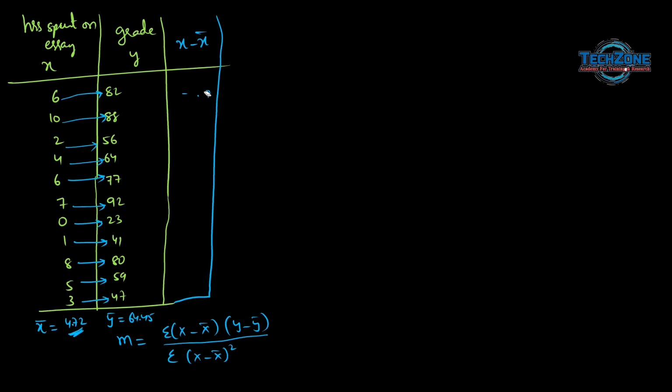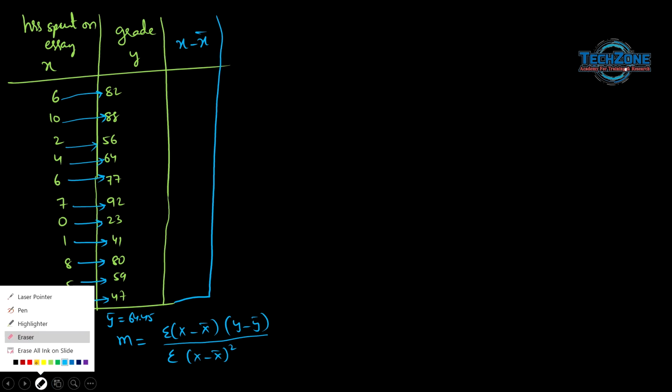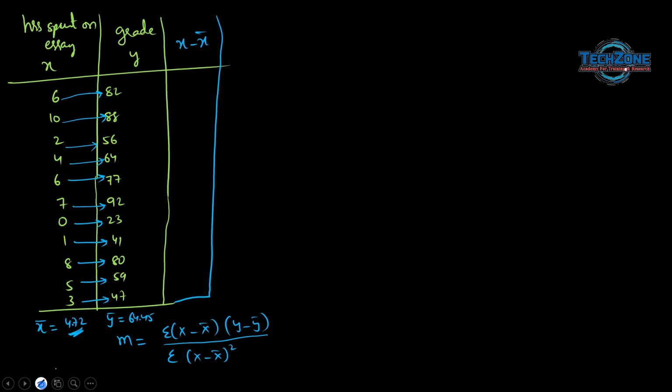We need to do this for all the 11 points, right? So 1.27, that is 6 minus 4.72, and 10 minus 4.72 will give us 5.27. The next one is 2.73, that is 2 minus 4.72.